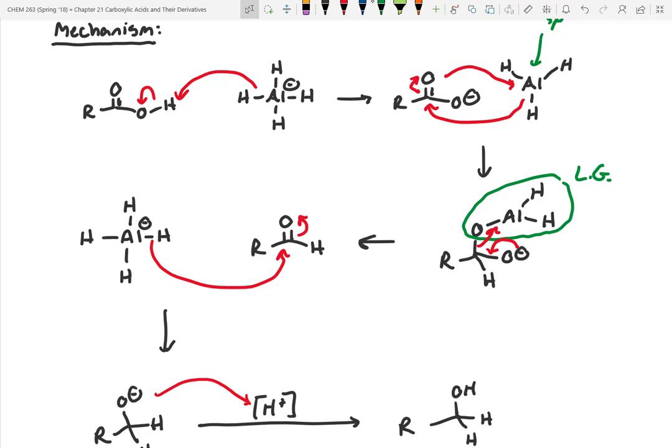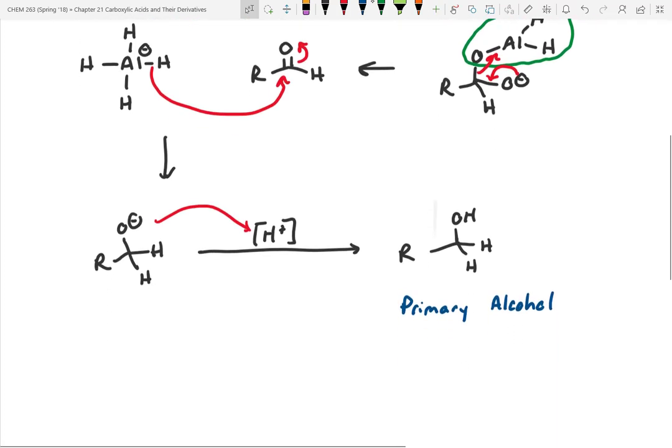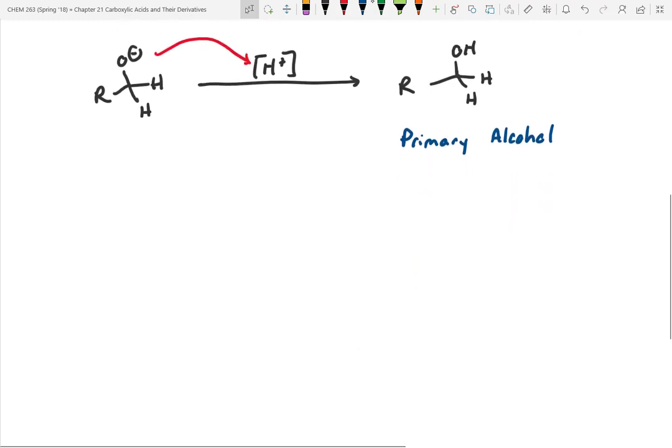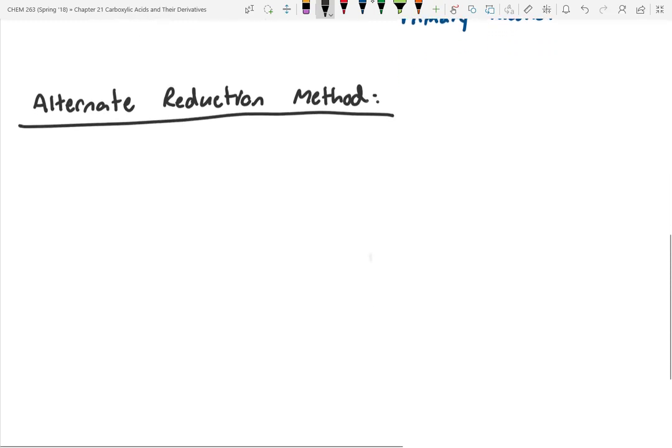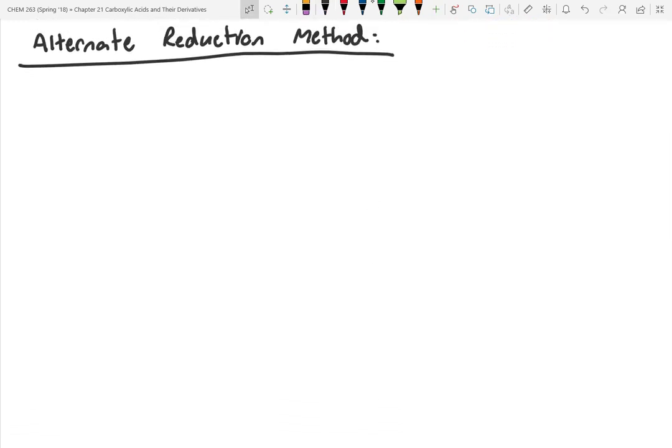All right, there's actually another reaction that is pretty common that does the same thing. We'll look at the alternate reduction. And this is one where we're not going to show you the full mechanism, but it's very powerful.